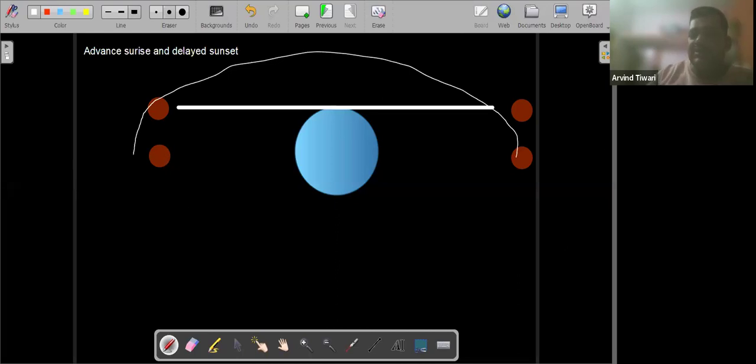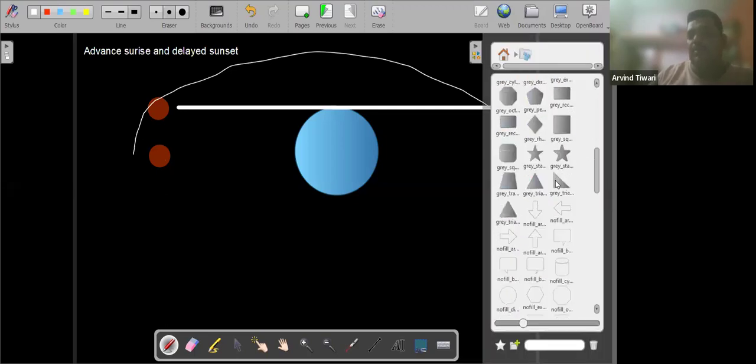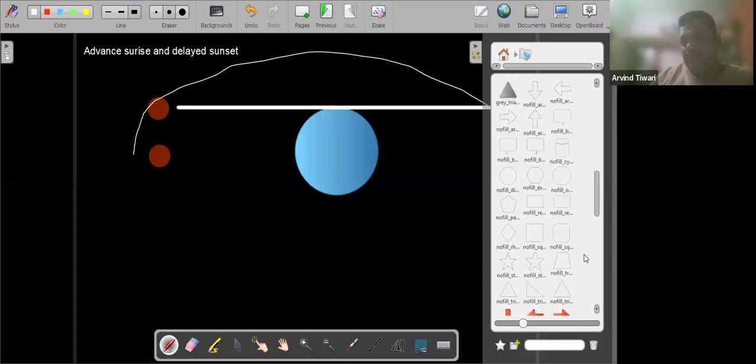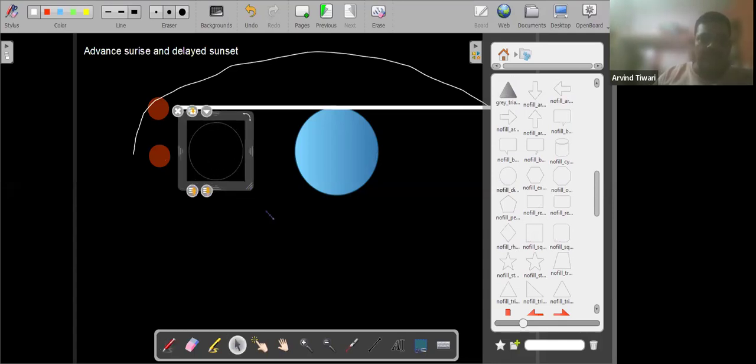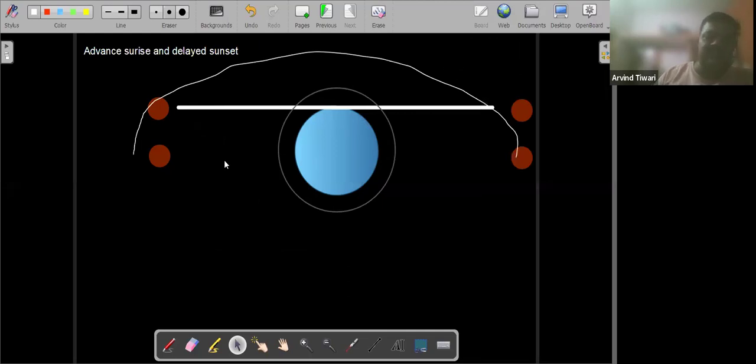Then due to the Earth's atmosphere, whatever sunlight was supposed to travel straight like this, we will not observe.